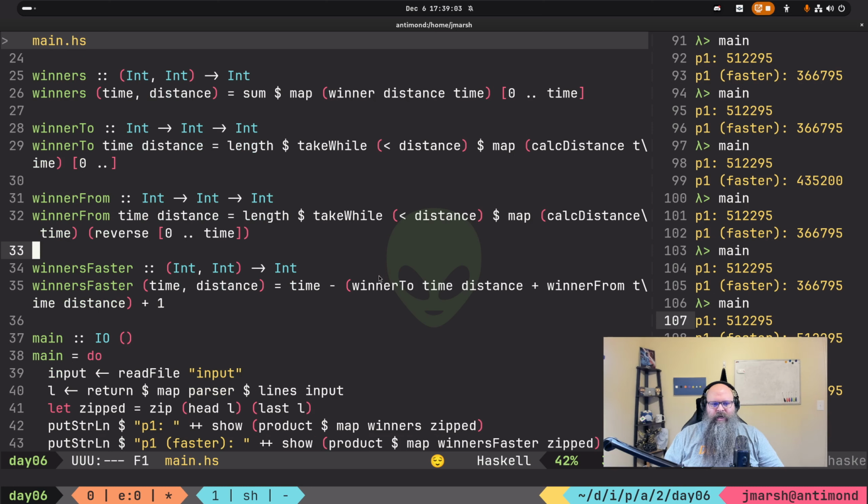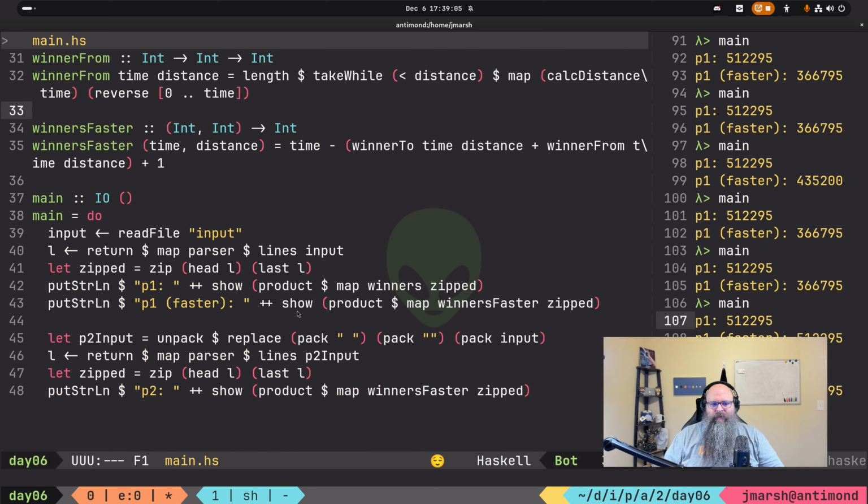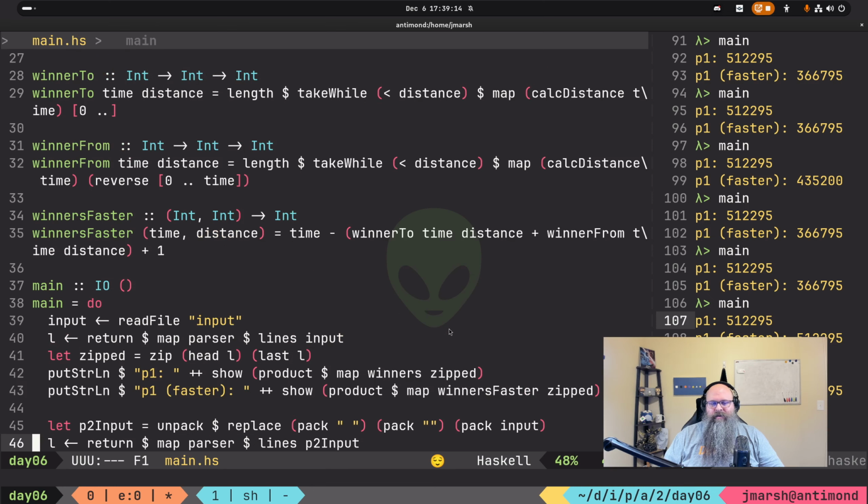I did get it to work. It's not perfect, but part 2 still took a few seconds, even though it was using the winners faster one. But I think it felt really good. I would be interested to hear from all you Haskell aficionados, why did it take a few seconds when a similar algorithm in Rust just took microseconds to run?